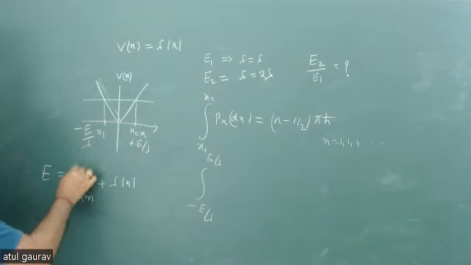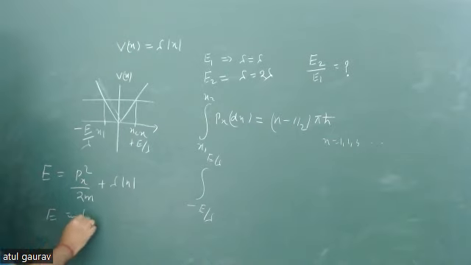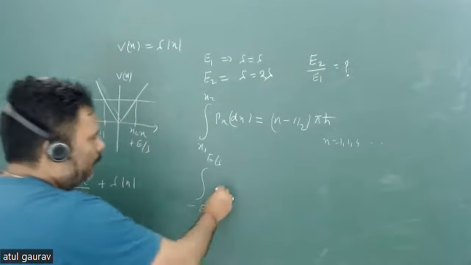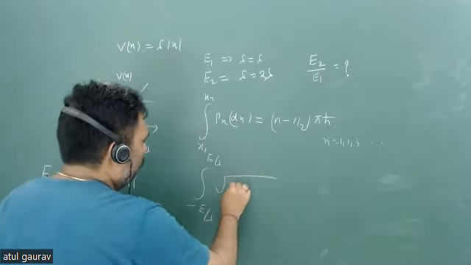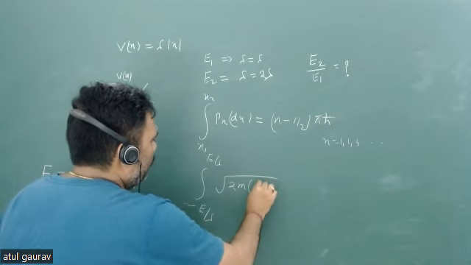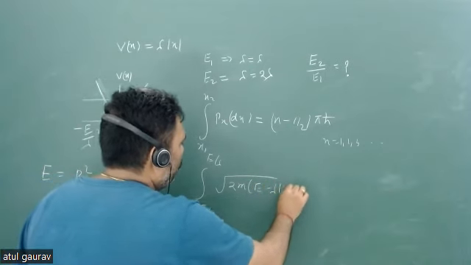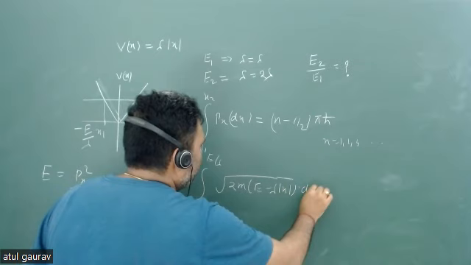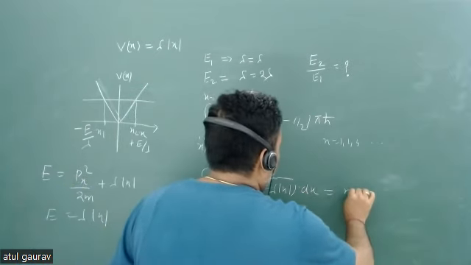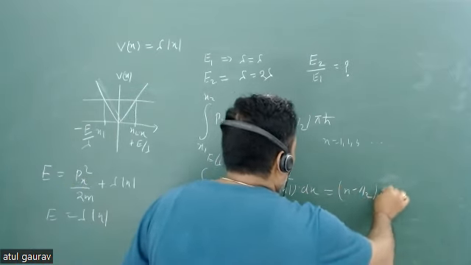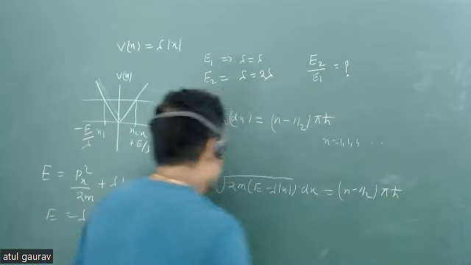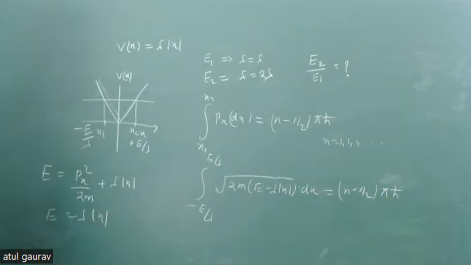You can just put px is equal to 0, so e is equal to lambda mod x. It will be positive on this side, negative on this side. And when you go for this integration, you have the integral of root 2m (e minus lambda mod x) dx is equal to (n minus half) pi h cut.